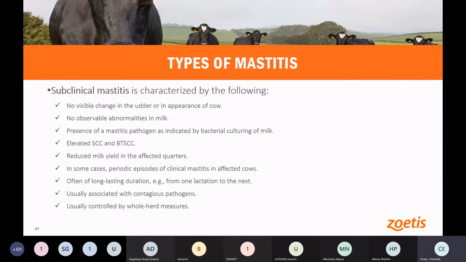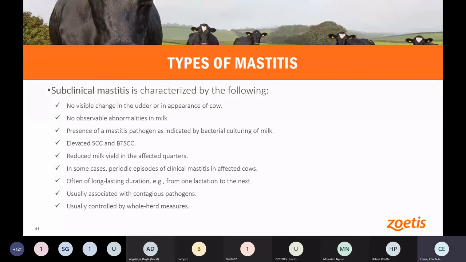So when we talk about subclinical and clinical mastitis, with subclinical mastitis, the cow usually appears clinically healthy. There's no visible change in the udder. There's no abnormalities in the milk, but you might culture a pathogen.